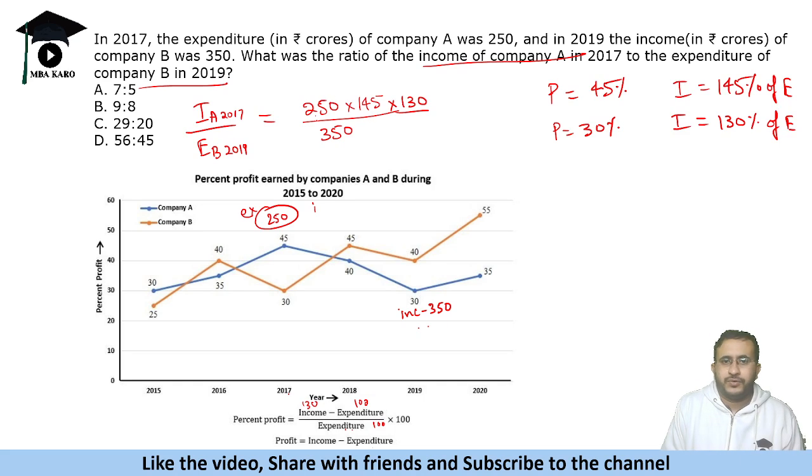And let's now do the calculation. Since this is percentages, we'll have to write 1.45 and 1.3. So this turns out to be 5 ratio 7.